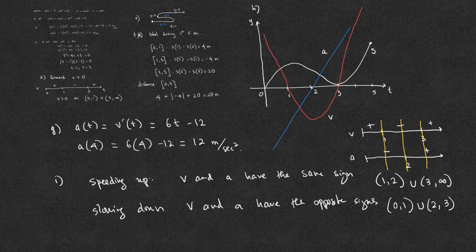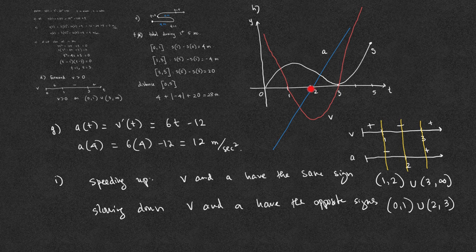We could also get the answer from the graph. The graph of the velocity is the red graph, a parabola, and the graph of the acceleration is the line. From 0 to 1, the graph of the velocity is above the x-axis. The acceleration graph is below the x-axis.